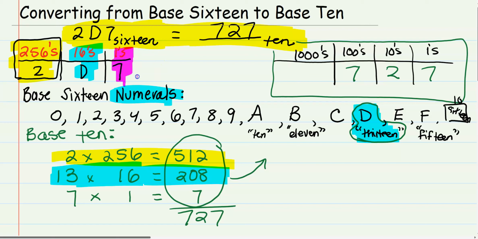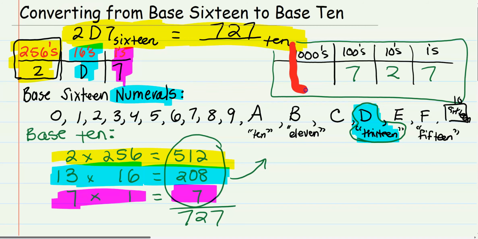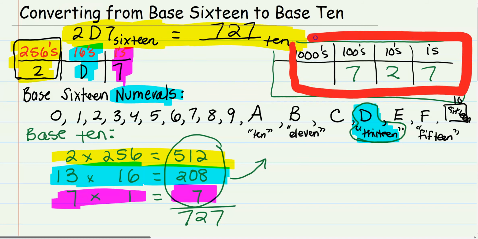And then you have 7 singles. And so in total you have 727.